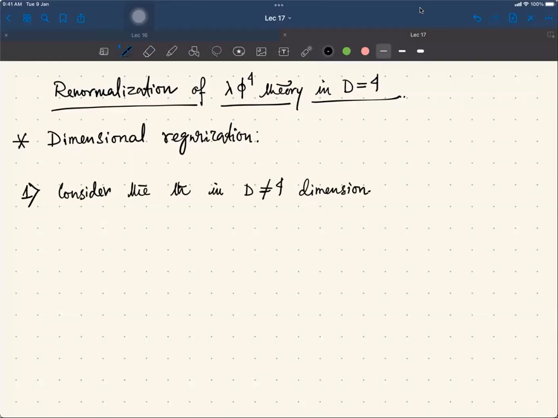But when you take d not equal to 4, then lambda is no longer dimensionless.